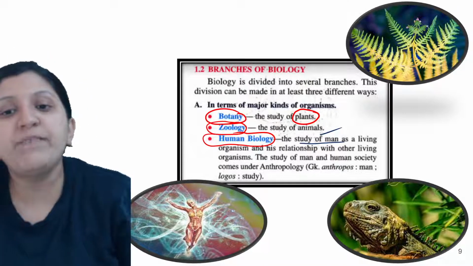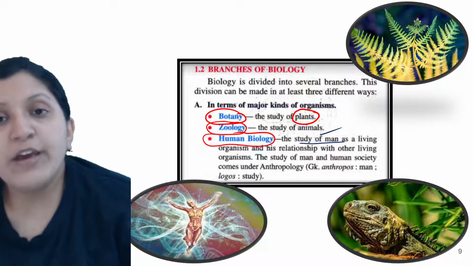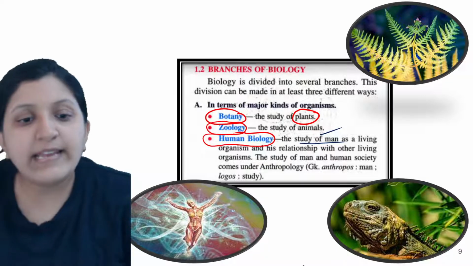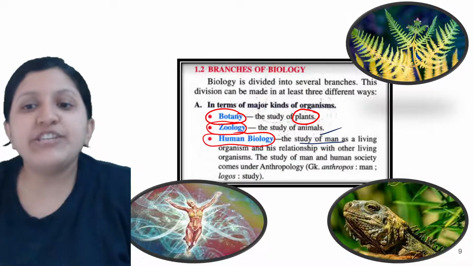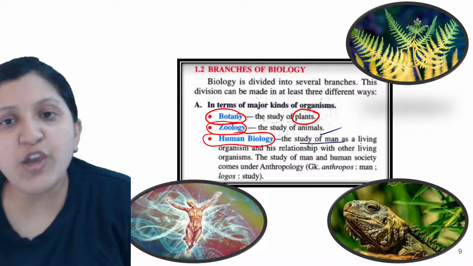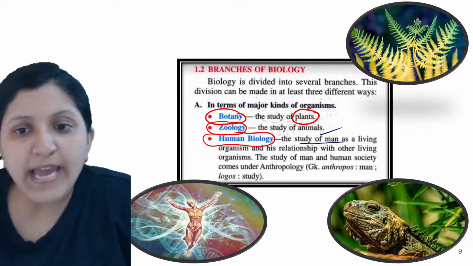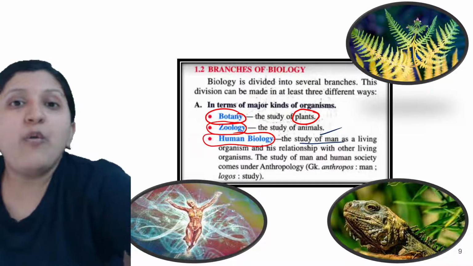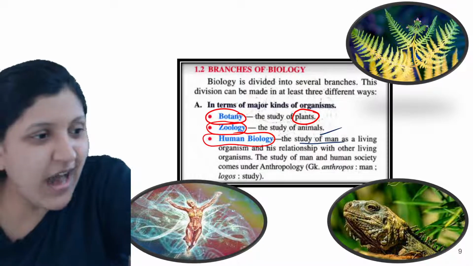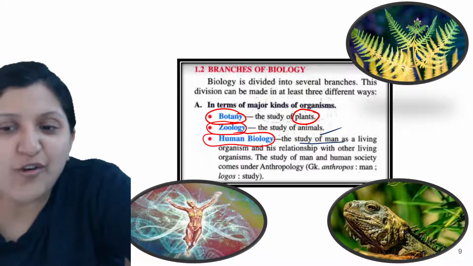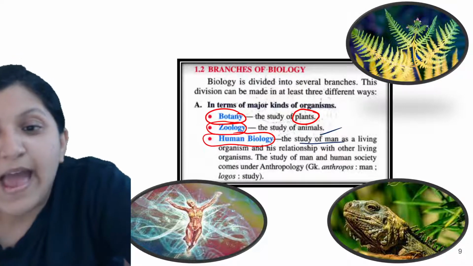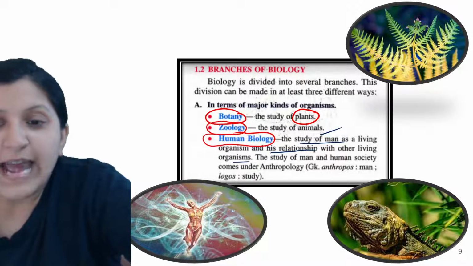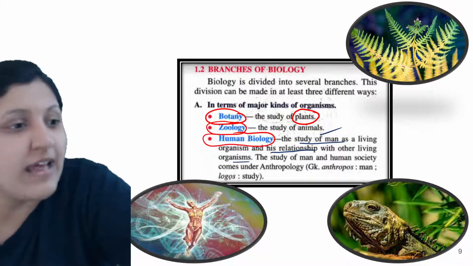What kind of relationship might the human have with other living organisms? How well are we treating other animals? So it is basically a study of man as a living organism and his relationship with other living organisms, and how well we are treating them.